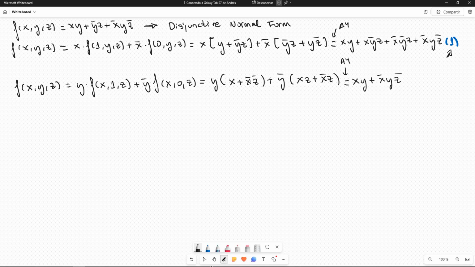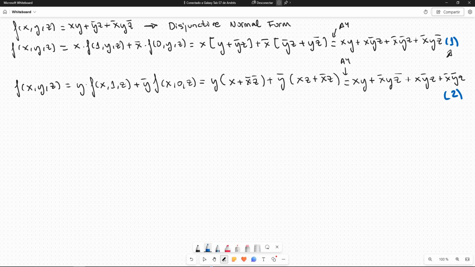Note that I'm sorting the variables respecting the order x, y, and z when I calculate the function. Plus x y negated z plus x negated y z. Okay, this is the second expression.